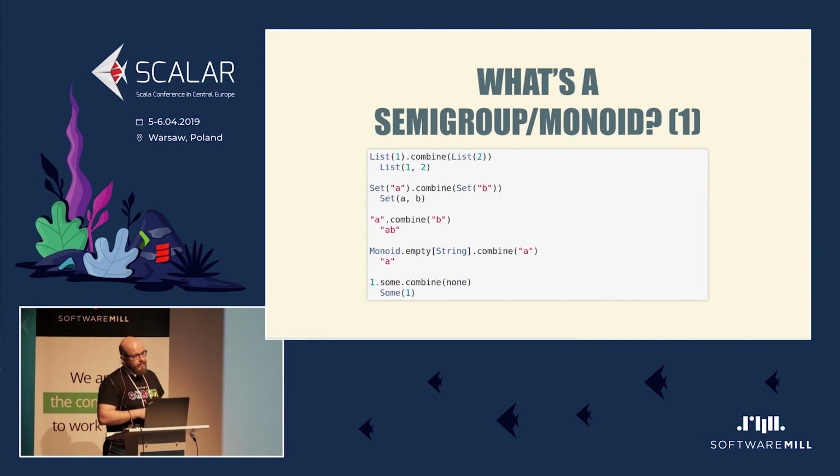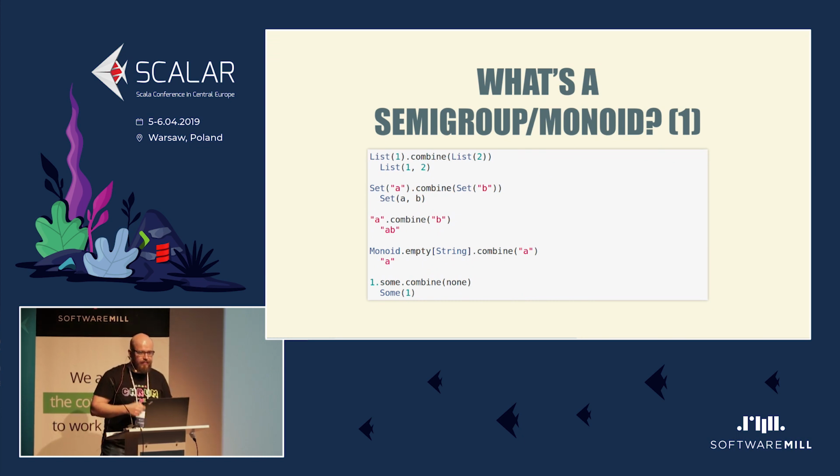So one use case, for example, is that you want to have a class that's backed either with a set or a list. And the thing is, the plus operation, the appending of collections, is different for lists and for sets.